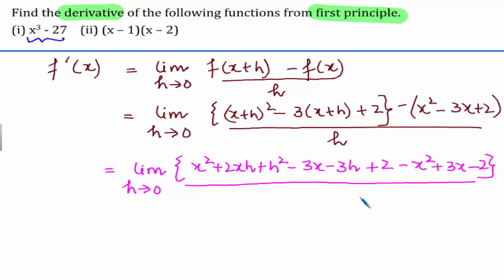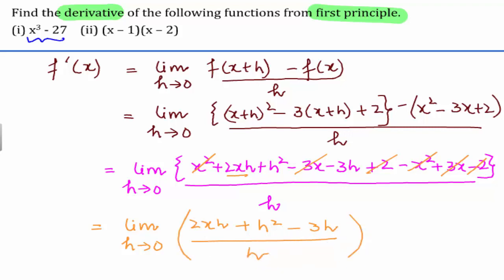Now cancelling the terms, x square cancels out with minus x square, minus 3x by plus 3x, and plus 2 by minus 2. We have limit as h tends to 0, in the numerator we have 2xh plus h square minus 3h divided by h.